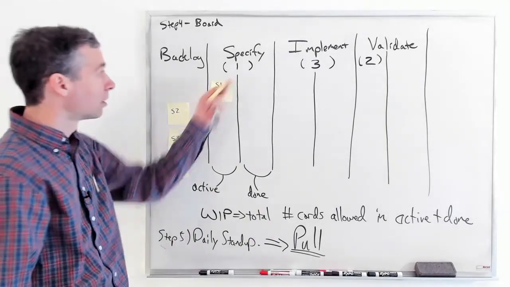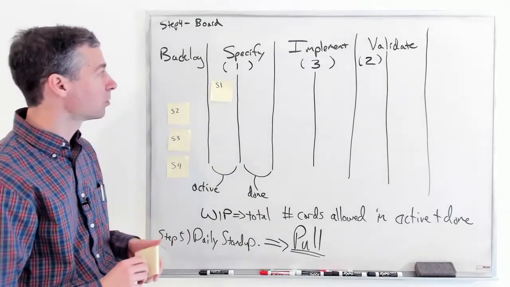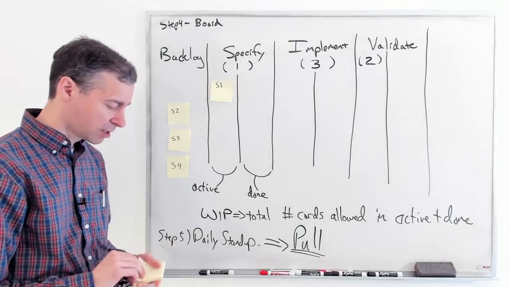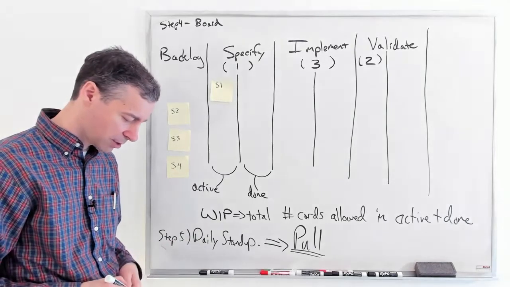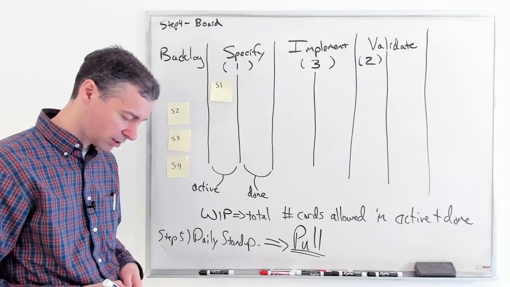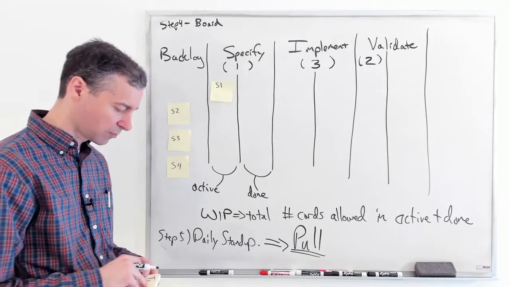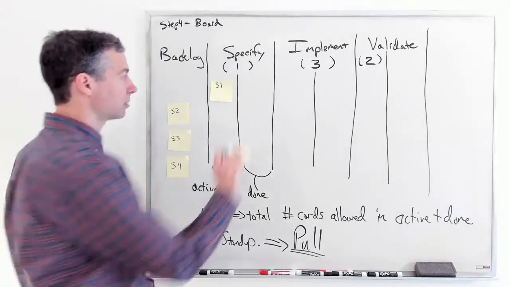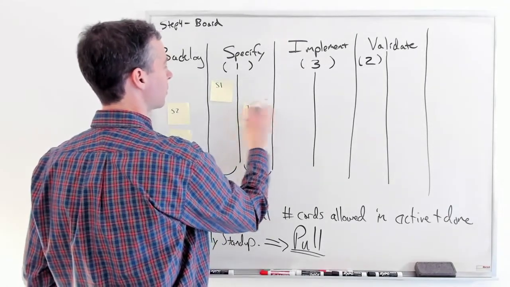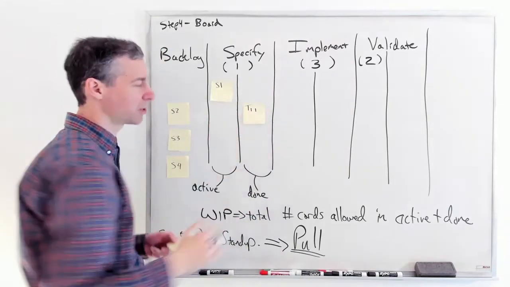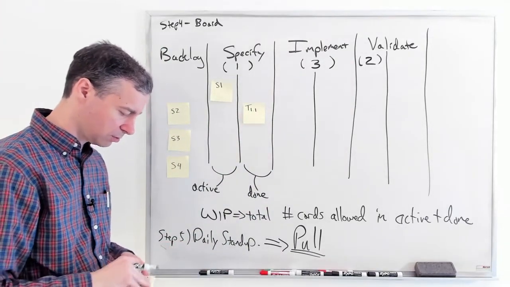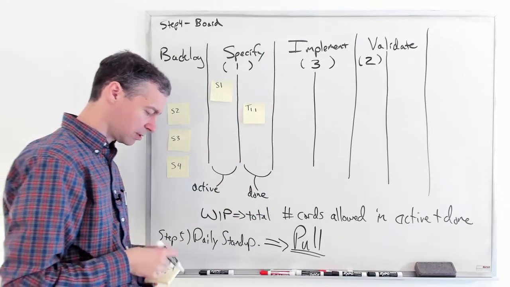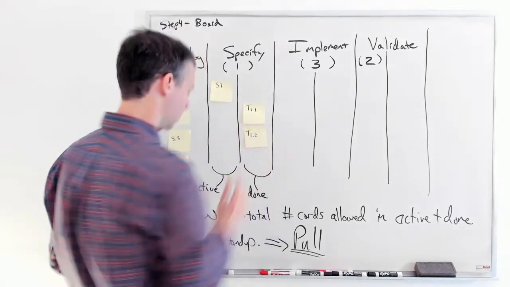And so people in specify have their one thing in progress, and their job is, again, to turn it into tasks. So I'm going to go task 1.1. They turn this thing into a task for story 1.1. This is just for us to keep track of it. 1.2, there's another thing to work on.